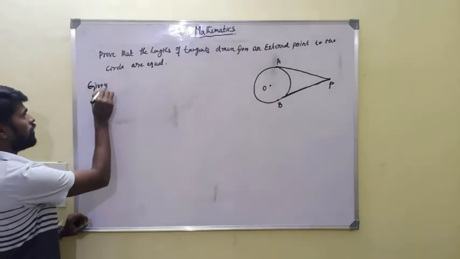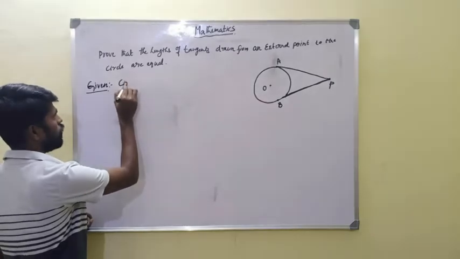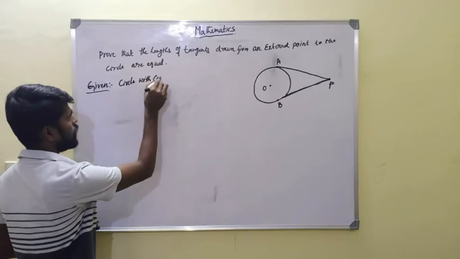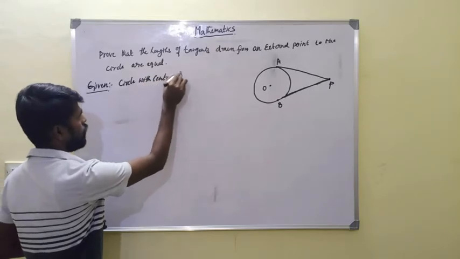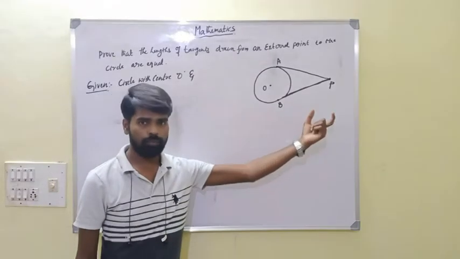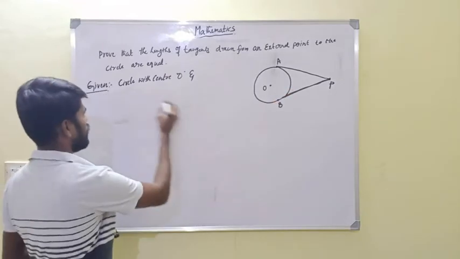So here what is given? Circle with center O, and AP and BP are the two tangents from external point P.